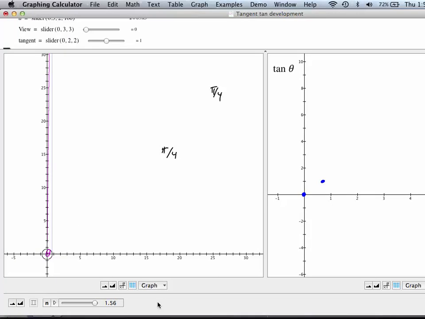Yeah, so you can imagine that you can really get any length possible just by getting close enough to pi over 2 and making that triangle tall enough and skinny enough, as tall as you want. Just by making that angle close enough to pi over 2, you can get this tangent value, or this length along where the intersection point is, really as great as you desire. Okay? All it takes is getting that angle close enough to pi over 2.